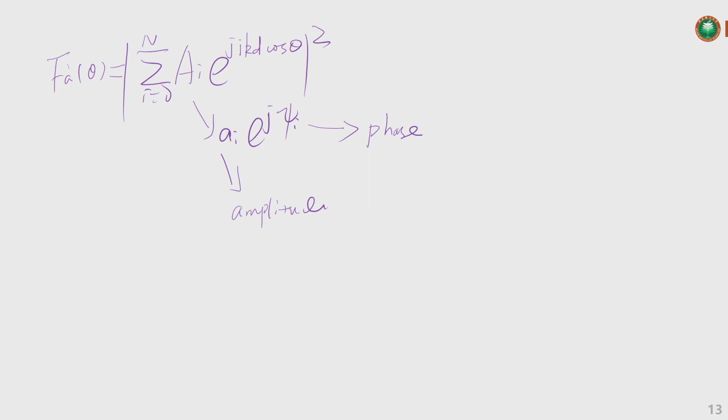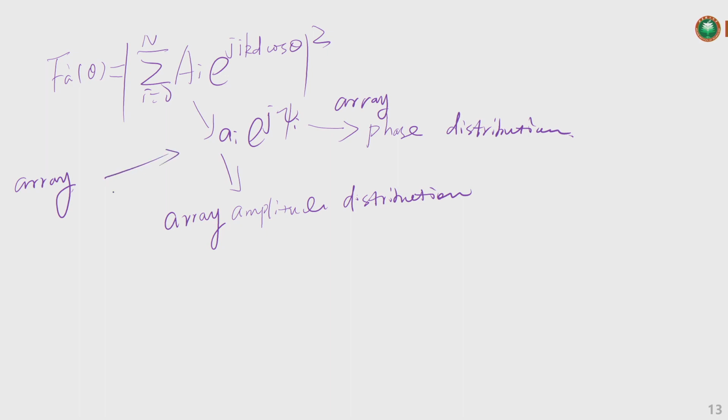So the array factor is governed by the array amplitude distribution and the array phase distribution. The array factor is determined by these two kinds of distributions.